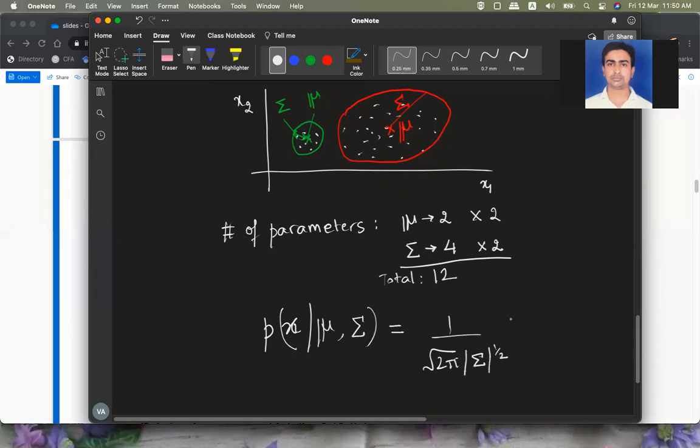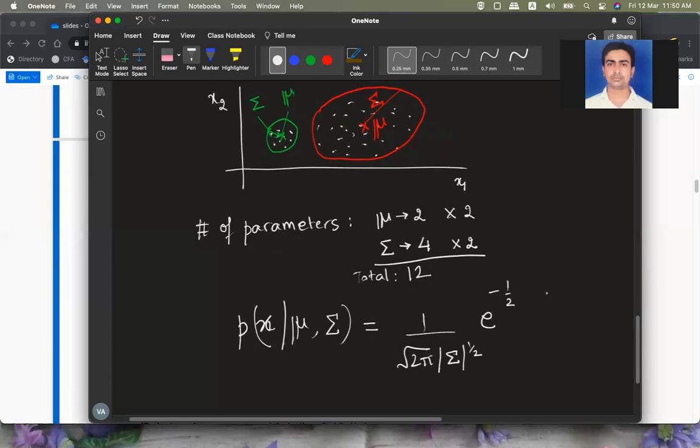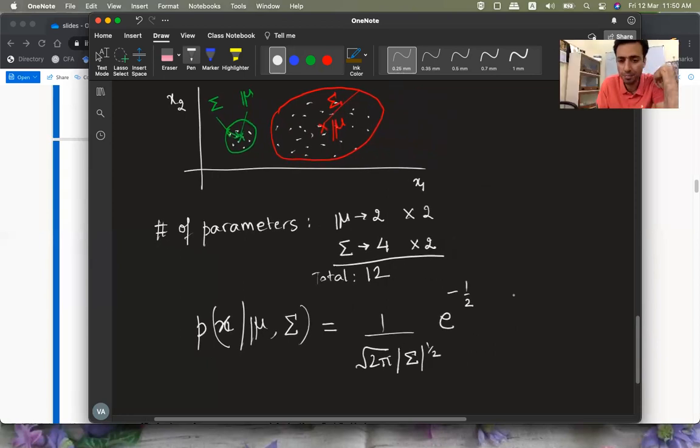The whole term, 1 upon under root 2 pi determinant of sigma, will have a d by 2 term.